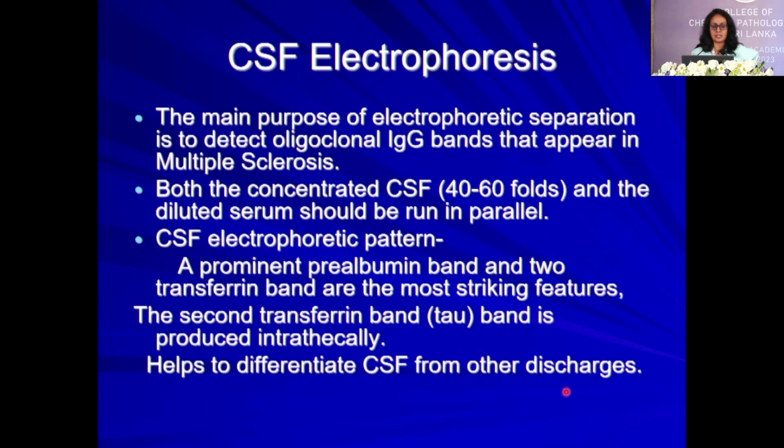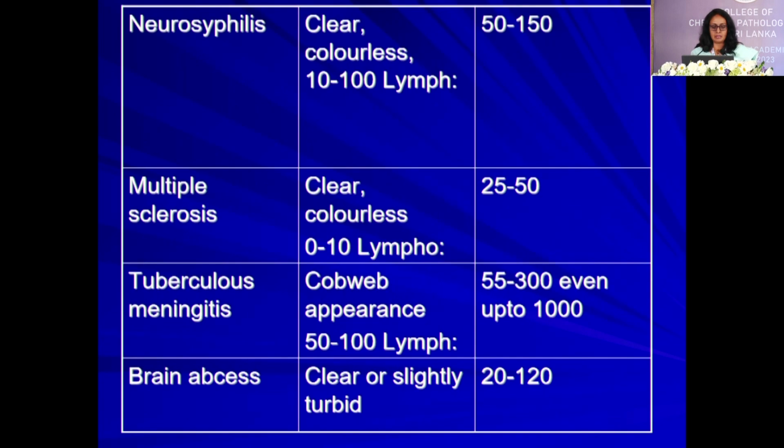CSF electrophoresis. The main purpose of electrophoretic separation is to detect the oligoclonal IgG band that appears in multiple sclerosis. But as you know, in multiple sclerosis the total protein level is 25 to 50, which is a very low level.